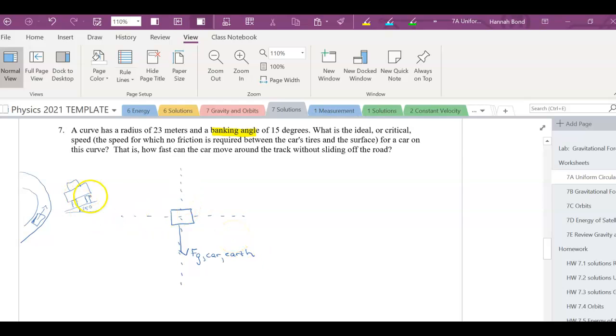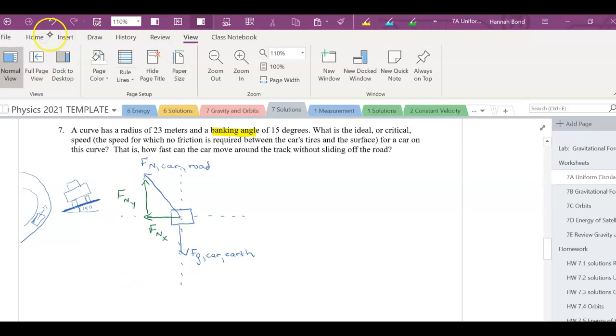And there's going to be a normal force, right? It's going to be perpendicular to the surface of the road. And so it's going to be at an angle here. This is the normal force on the car by the road. And I probably need to break that into its components. So here is the y component of the normal force, and here is the x component of the normal force.